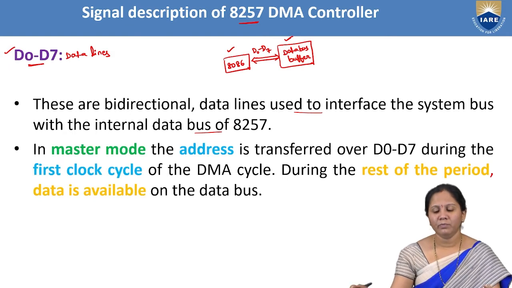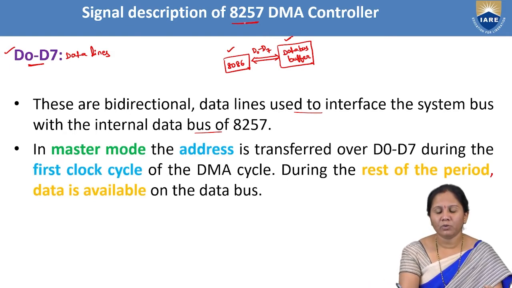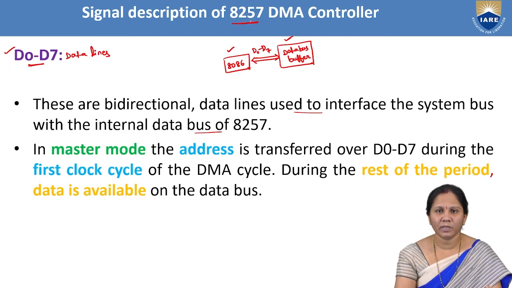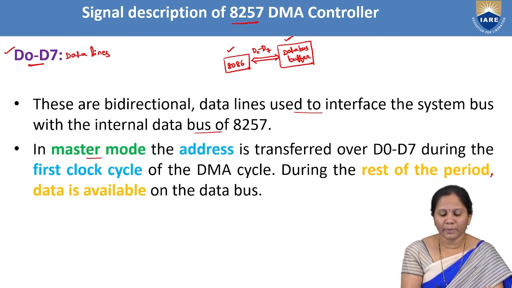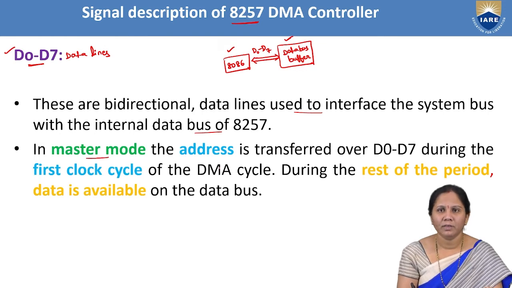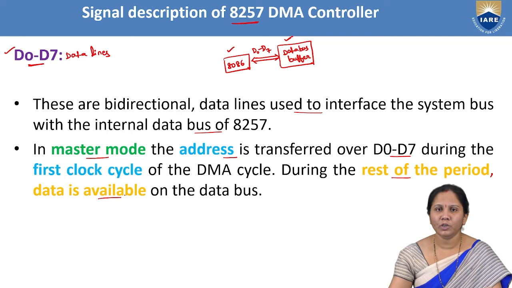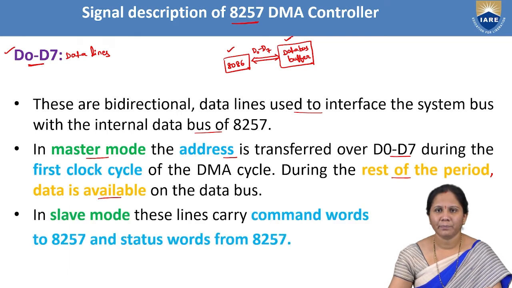So here we know that this 8257 DMA controller can be operated in master mode and slave mode. When 8257 is operating in the master mode, the address will be transferred through the D0 to D7 lines in the first clock cycle, and during the remaining clock cycles, data information will be available on the D0 to D7 lines.